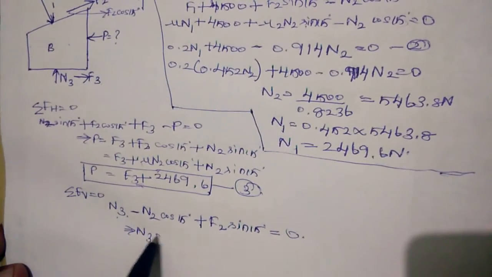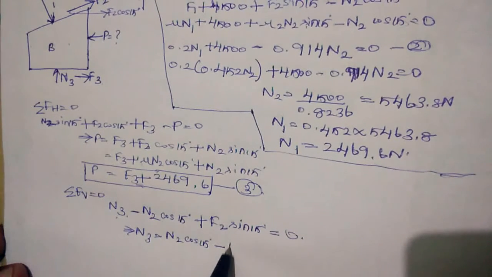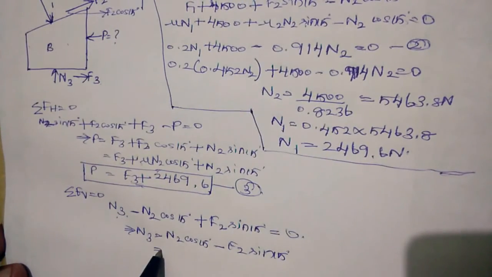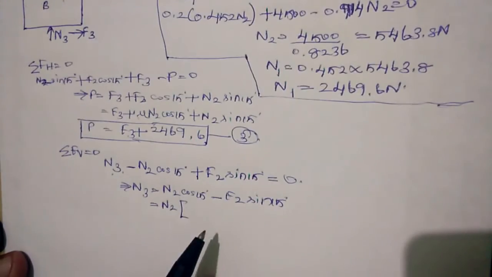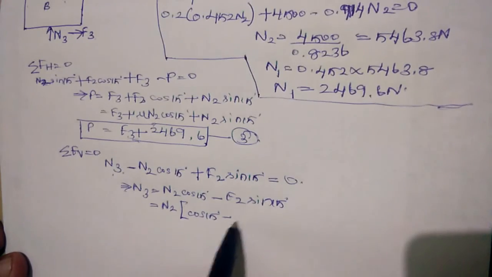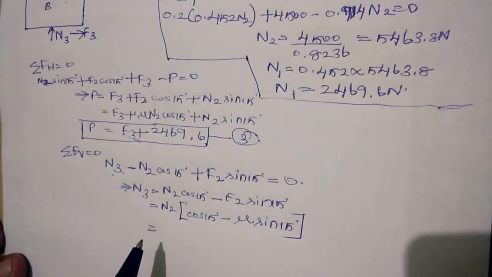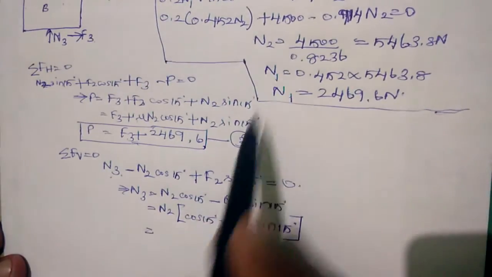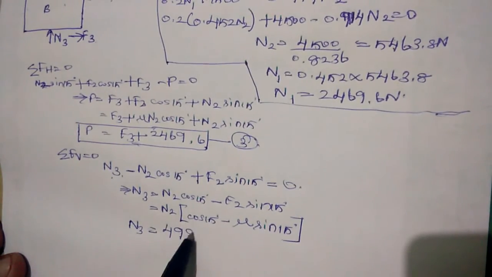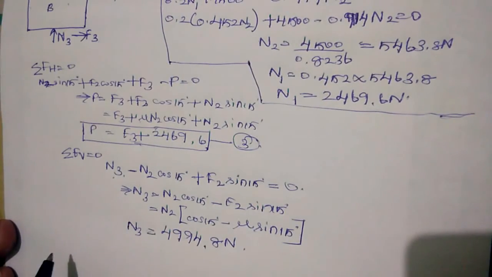This implies N3 is equal to N2 cos 15 degree minus F2 sin 15 degree, which is equal to N2 into cos 15 degree minus mu sin 15 degree. Since we know the value of N2 and mu, N3 is equal to 4994.8 Newton.